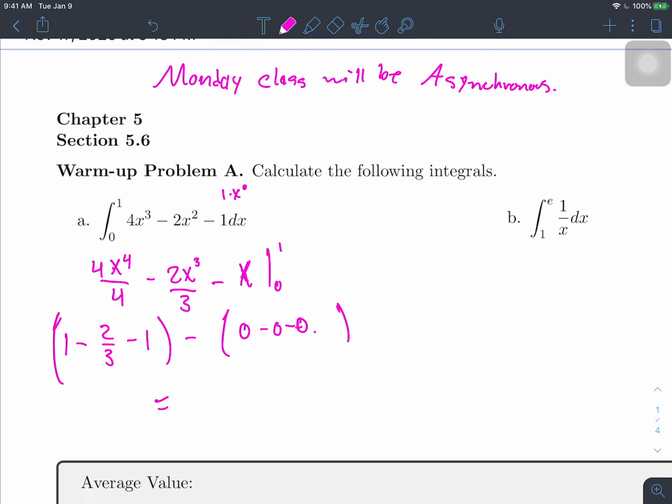So in the end, we should get negative 2/3. Okay, so that's a fairly standard power rule, fundamental theorem of calculus type problem.